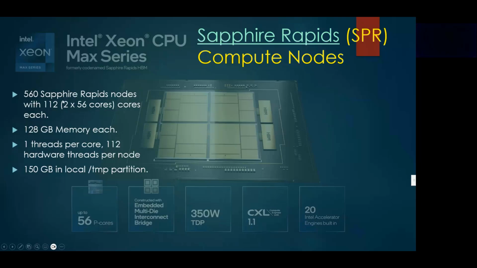And each node has 2 CPUs. Each CPU has 56 cores. Okay, this is basically what you want to know. So in that way, you can imagine how many nodes you want to use, and then you are going to use this kind of CPU. The memory, you see, is not very big. It's 180. Each core has 1 thread.